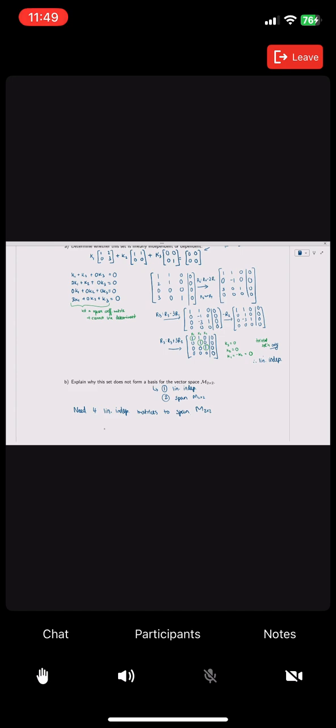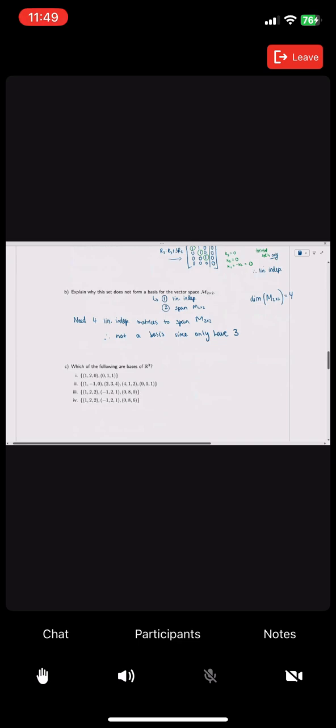So therefore, not a basis, since we only have 3. Three will not span, we need 4. Exactly, because if you think of the dimension of M 2 by 2, it's equal to 4.